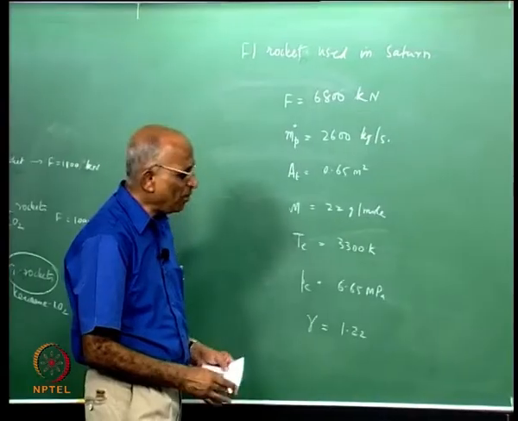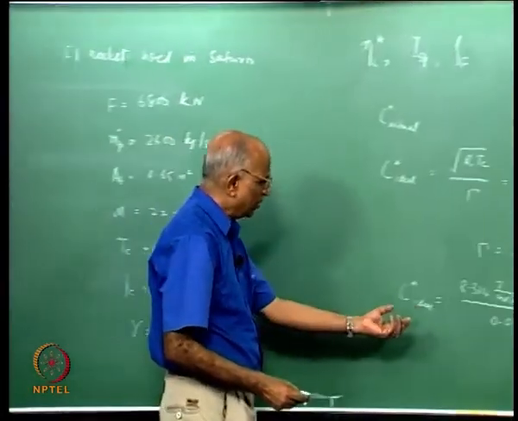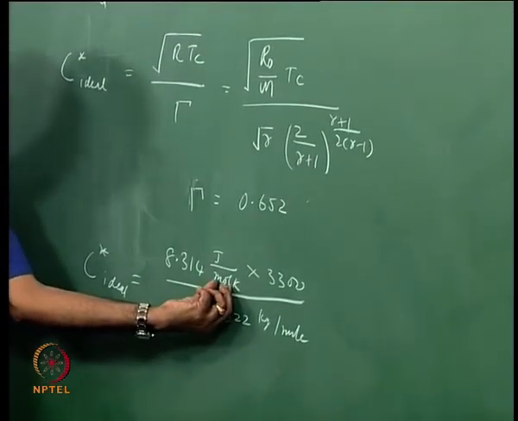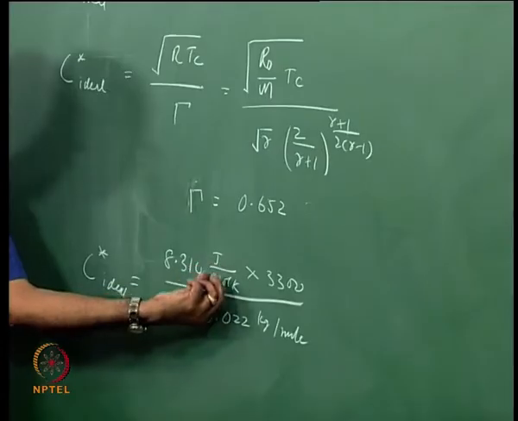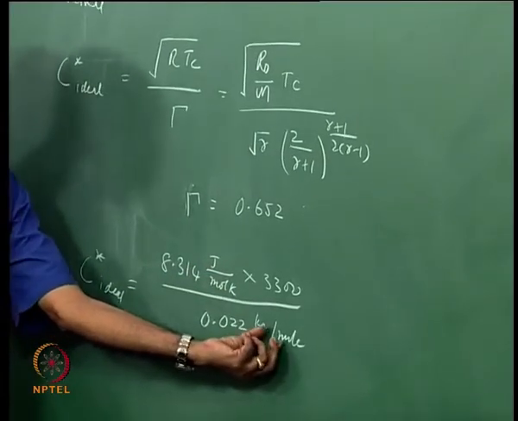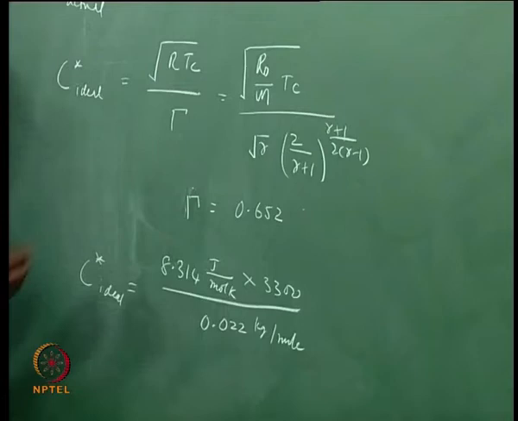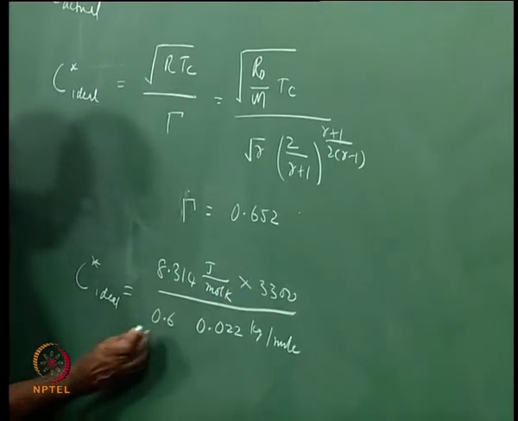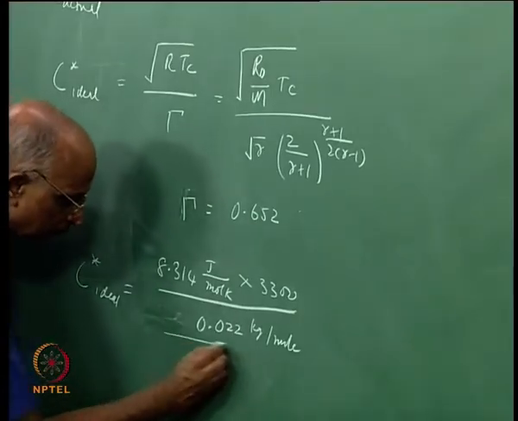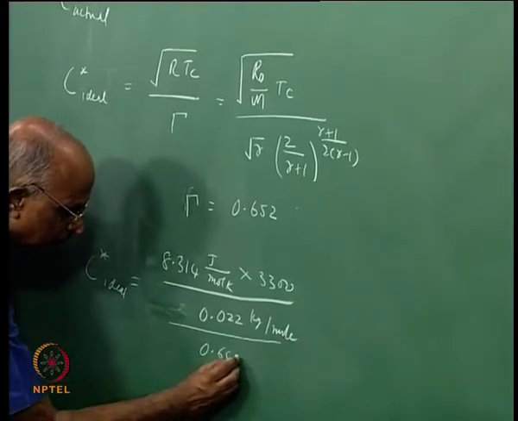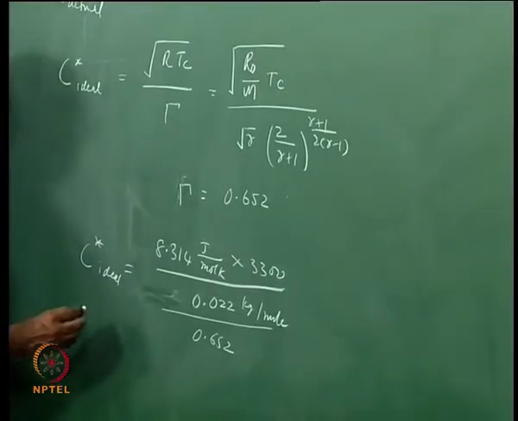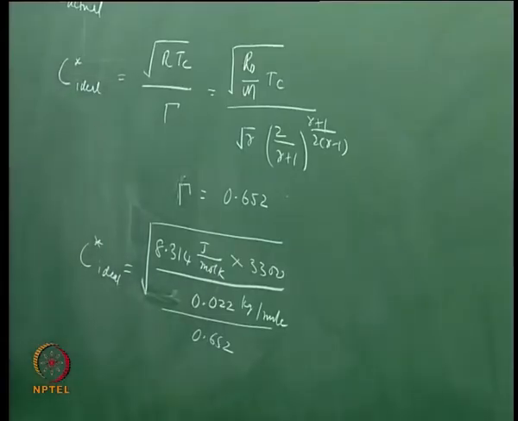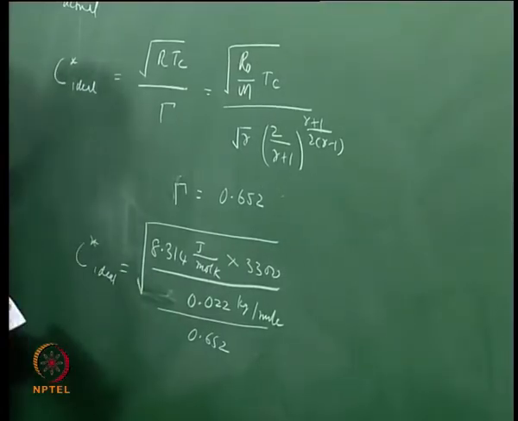This is important. Many of us, mainly I find students just putting 22 here, which is not right, because when I say mole I want the value of R in joule per kilogram Kelvin, and therefore it must be kilogram per mole, and the value of capital gamma we already said is equal to 0.652. And the value of C star ideal becomes 1713.